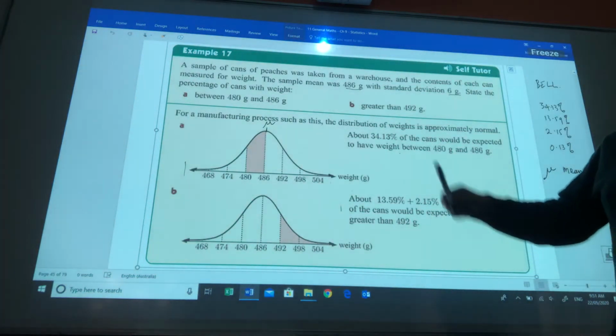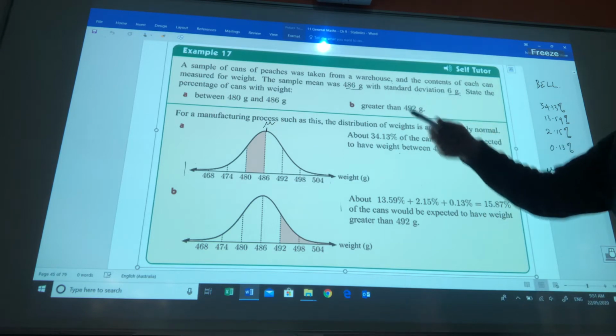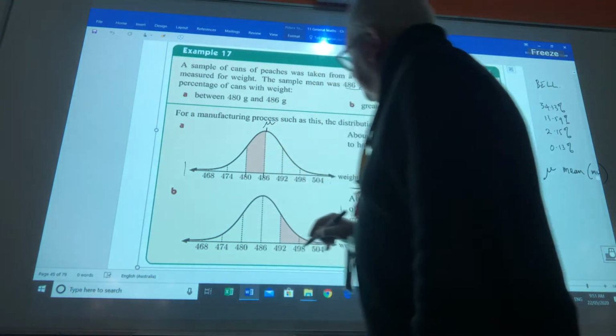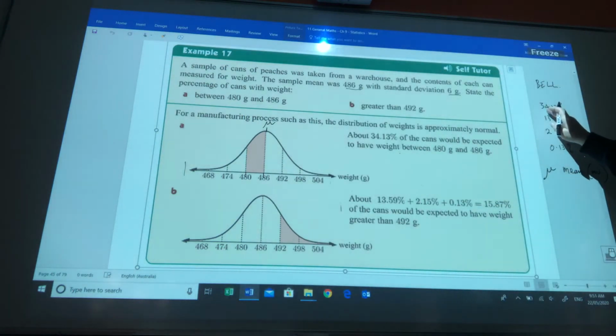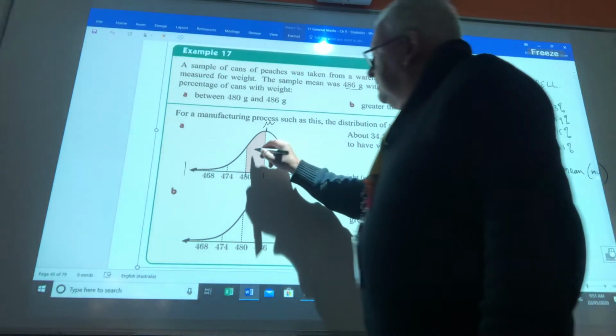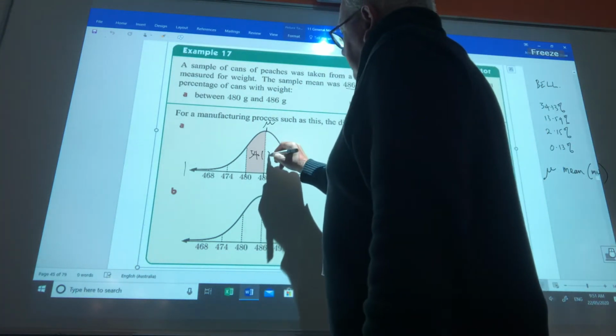So it says, how many cans between 480 and 486? Well, you look at that and you go, that's 1 standard deviation, and that's 34.13%.